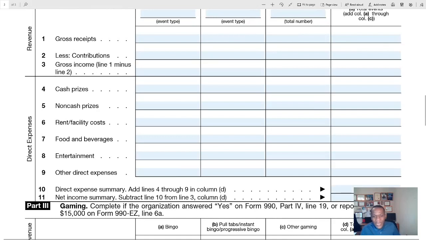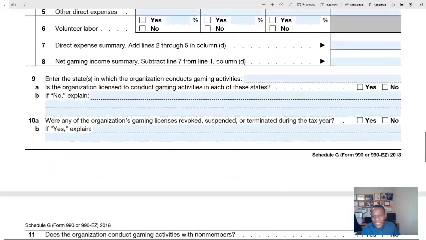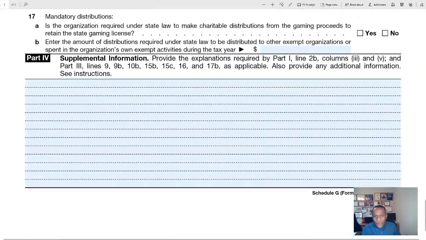Net income summary would be subtract line 10 from line 3, column G. So it will tell you the net income from that activity. It is the same thing for the gaming activity as well. And then you follow through the form to Part 4, supplemental information, other information necessary to complete the processing of your Form 990 or 990-Z.